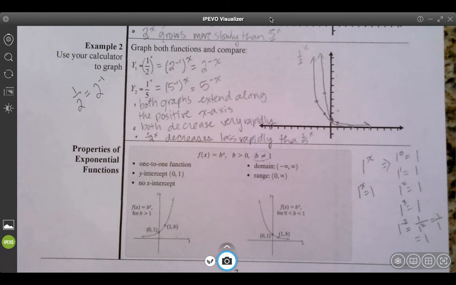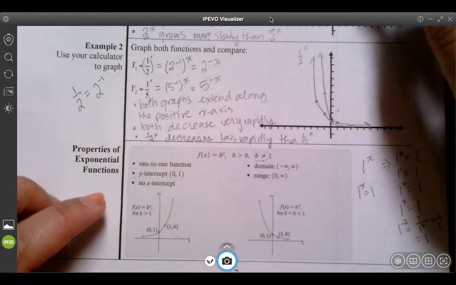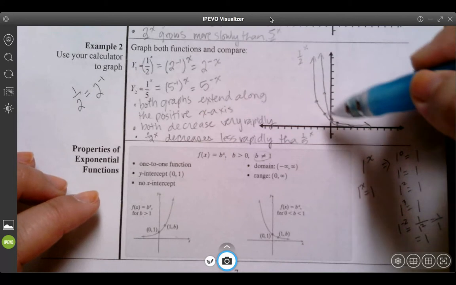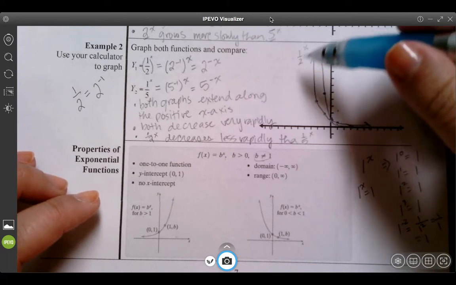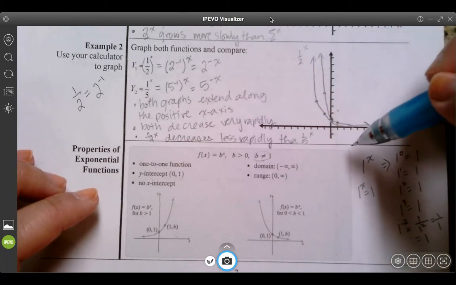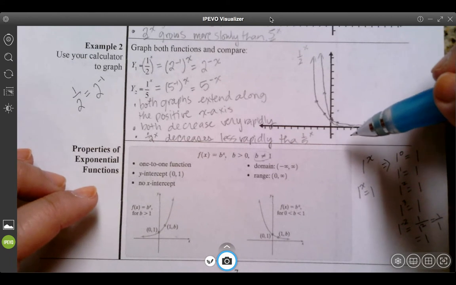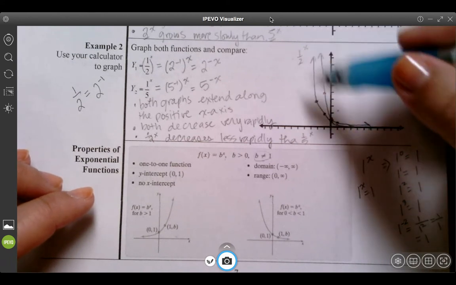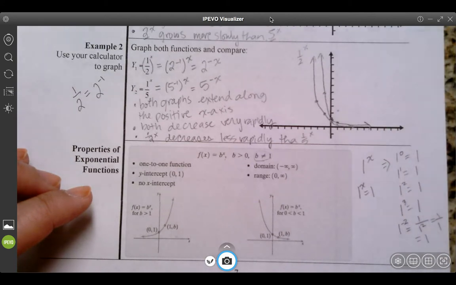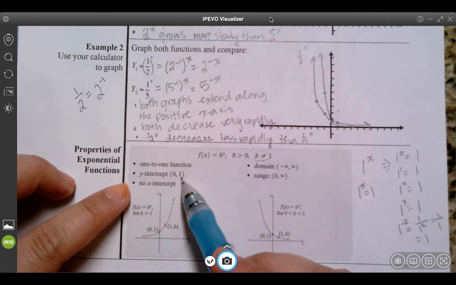So all of those properties that we just talked about, okay, if we do the horizontal and vertical line test on these functions, we'll find that they are 1-to-1. And that's important as you progress through classes, like for example, in pre-calculus, we're gonna talk about why it's so important that exponential functions are 1-to-1. Okay, all of our functions had a y-intercept of 0, 1.